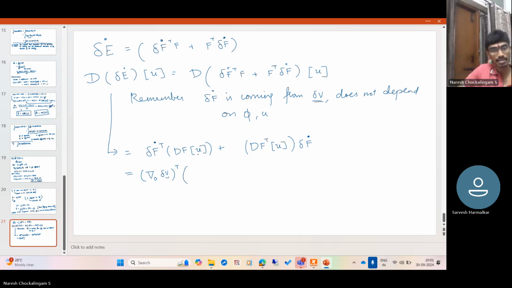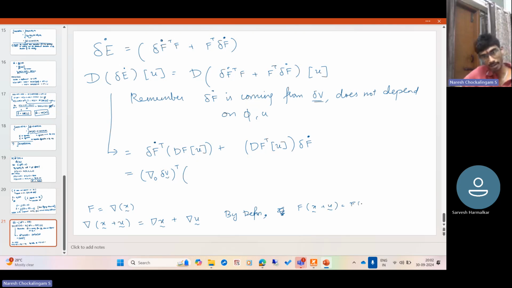What is dF in the direction U? This is simple. F is the gradient of x, so the gradient of x plus U is the gradient of x plus the gradient of U. By definition, F of x plus u is F of x plus dF of x in the direction u plus higher order terms, which means the directional derivative of F in the direction u is nothing but grad u.